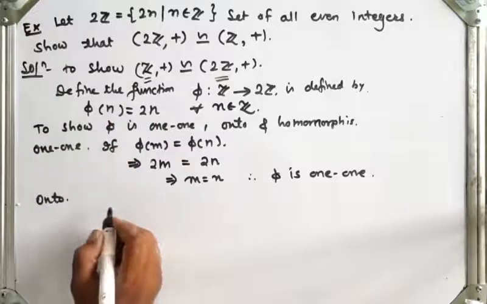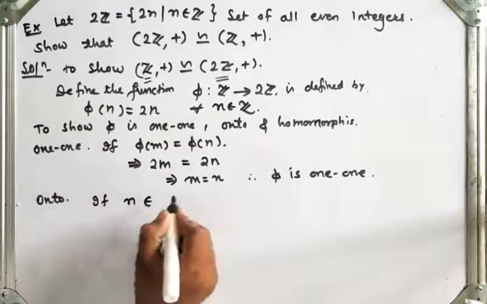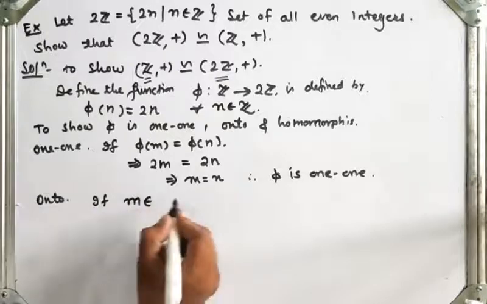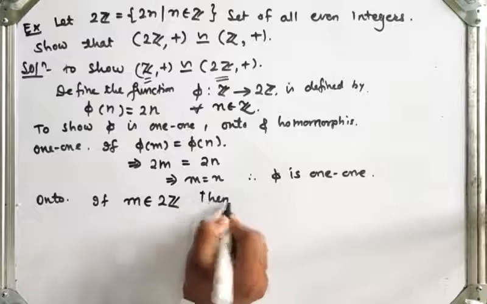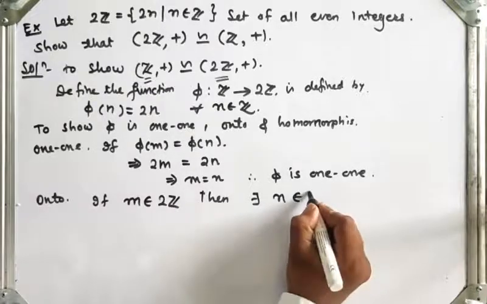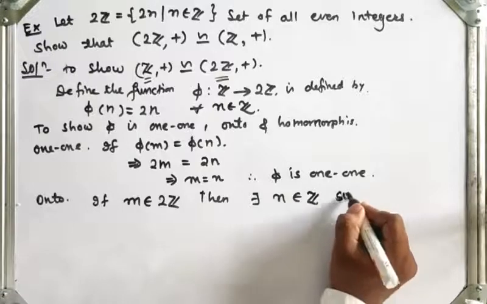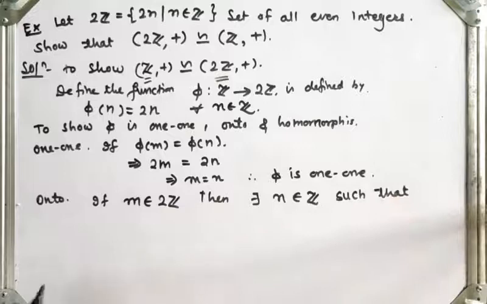So suppose I will take elements. If m belongs to twice Z, then there exists n belongs to Z such that phi of n is equal to m.